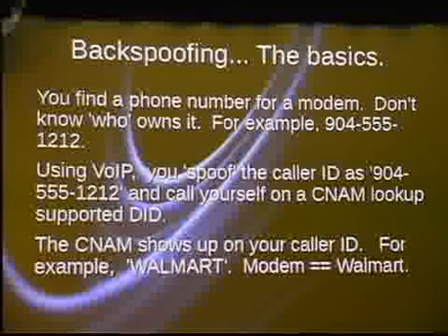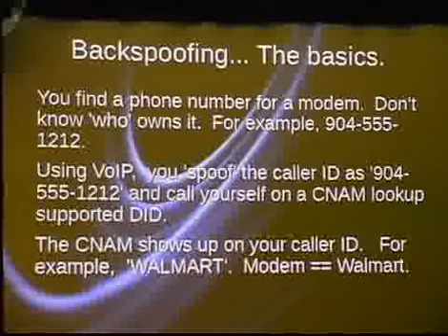Whenever you dial a phone number, your caller ID display of course shows the phone number of the person who's calling you, but it also shows the name and information of the caller, XYZ law firm or Judy, whoever it might be. The idea here is that you make a call out, but you spoof the caller ID of your target, and then you call yourself on a phone number that will recognize the caller ID information.